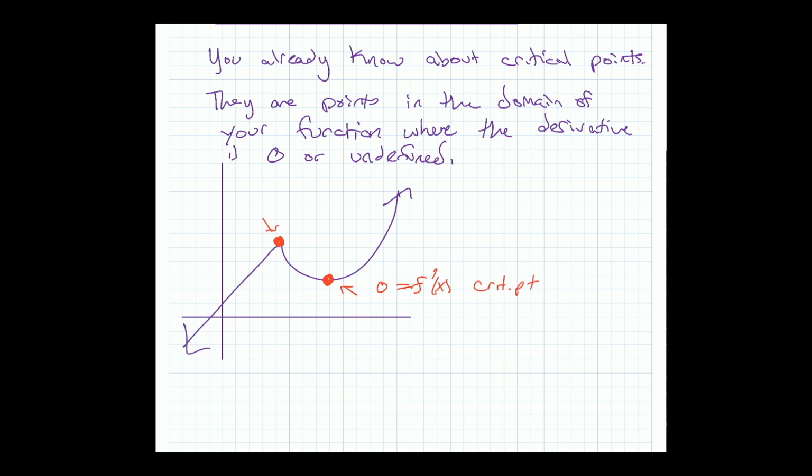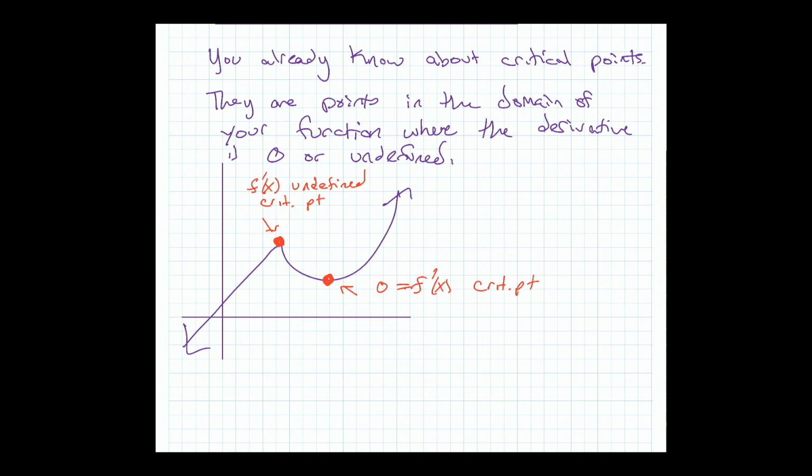And then this one right here, because of the point, is going to be a f prime undefined, critical point. But both of those occur. And the thing about them is that those are places where you might have a maximum or a minimum.